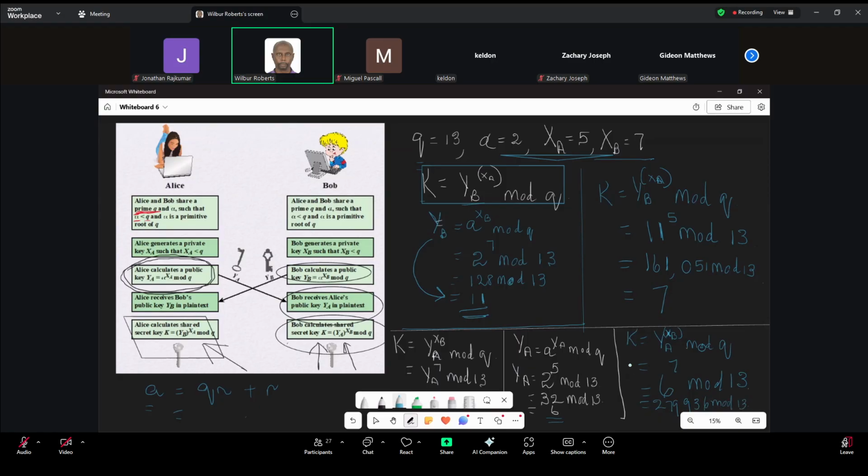And the remainder you get when you work that out is 7. Right? You get 7. So when we worked it out across here at first, we got 7 here, and then we come and we get 7 here, right? The shared key. If it's a shared key, it's the same thing both of them will have.